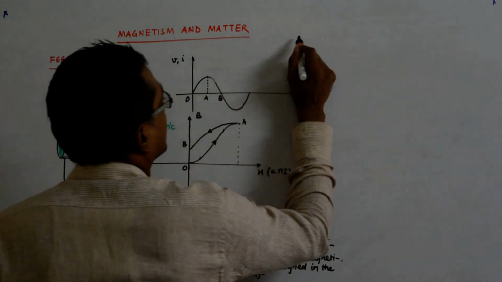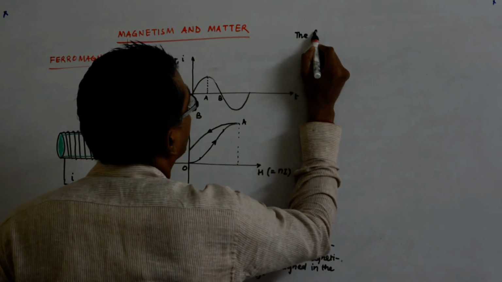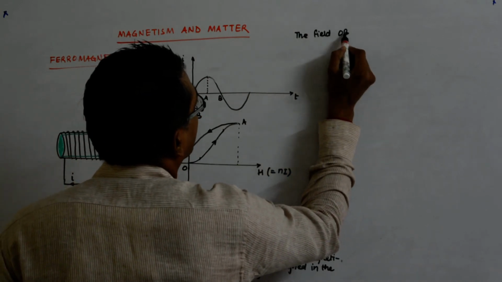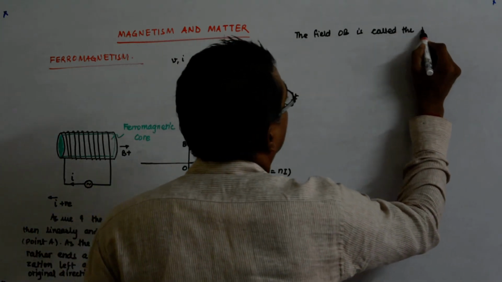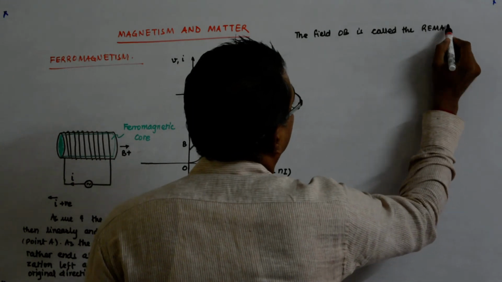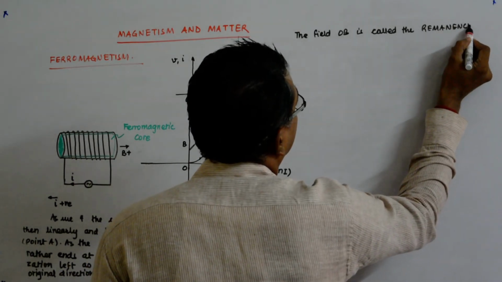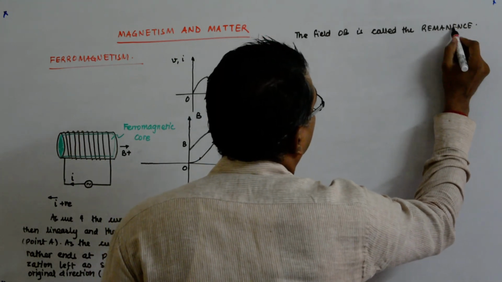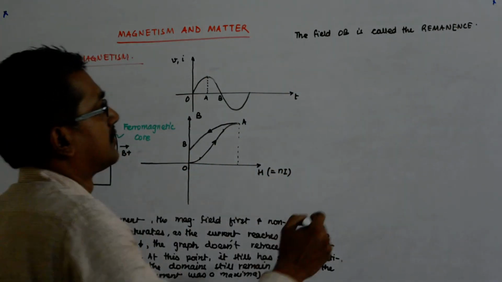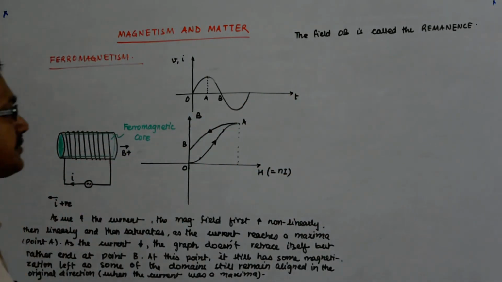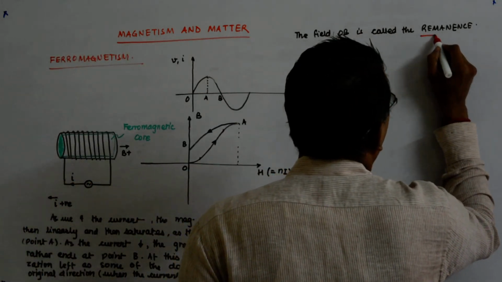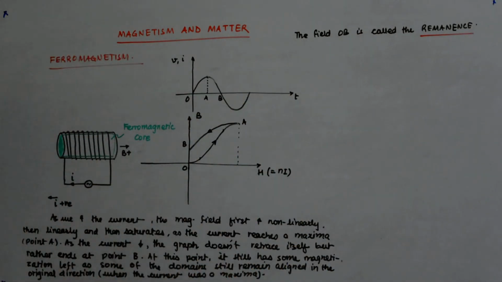Okay? The field OB is called the remanence.